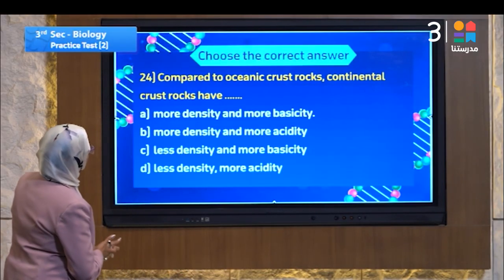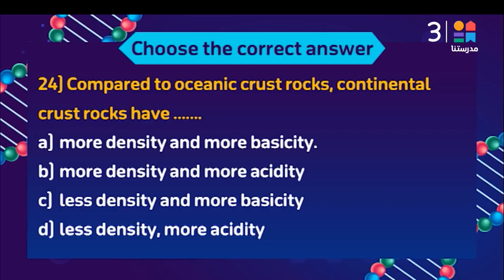Question number 24, comparing rocks. Let's go to earth science. Earth science and geology speak about the crust rocks. Let's read the question again. Compare oceanic crust and continental crust rocks.